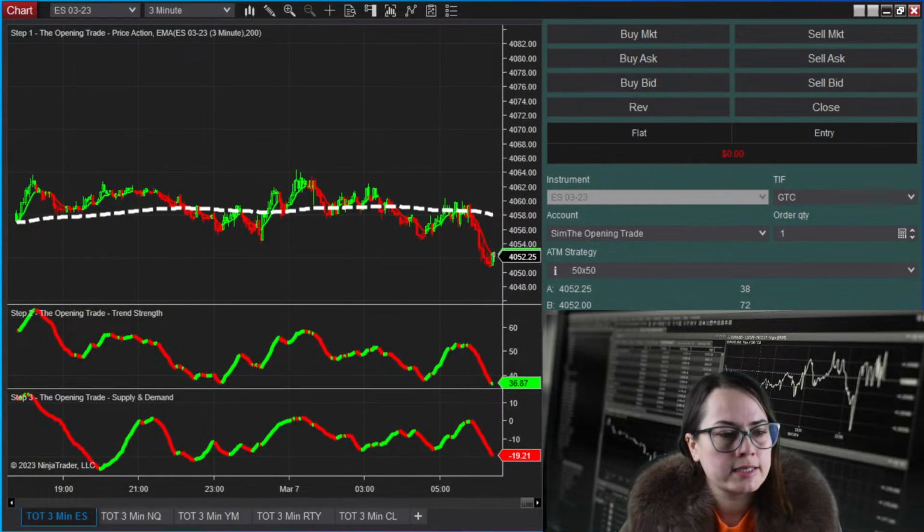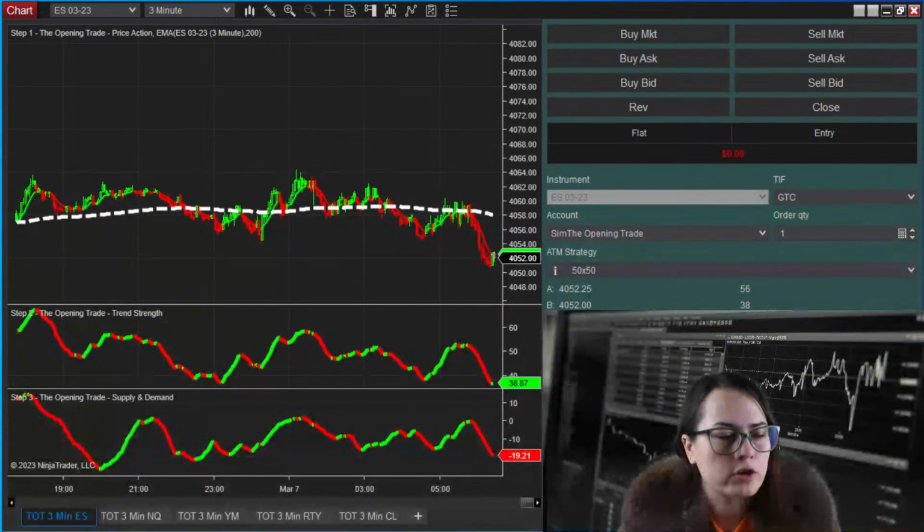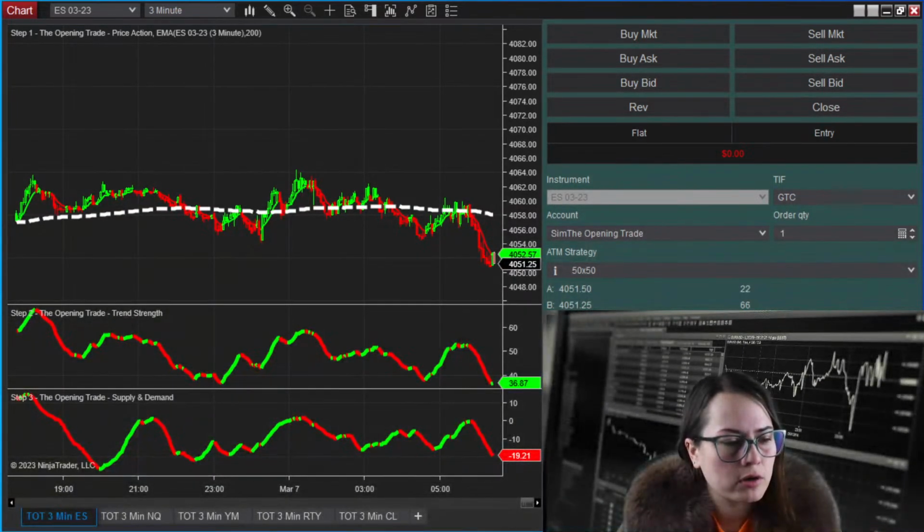At 10:30 Eastern Standard tomorrow, we see the crude oil inventories report, and in the afternoon at 1:01 Eastern Standard Time, we have the 10-year bond auction. And then at 2 p.m. Eastern Standard Time, we have the beige book coming out, and those will be the reports for tomorrow.